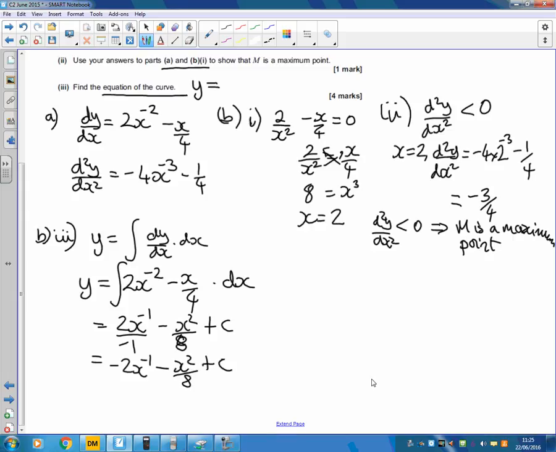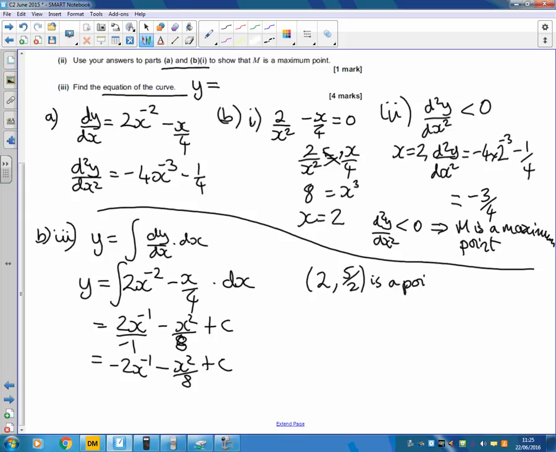Okay. Well, we're nearly there, but we've got plus c, and the question is 4 marks as well. So we're probably going to need to find out, we haven't quite found the equation of the curve yet, we need to find c. In order to do that, we need a point on the curve. Do we have a point on the curve? Well, we do, because we know 2, 5 over 2 is a point on the curve.